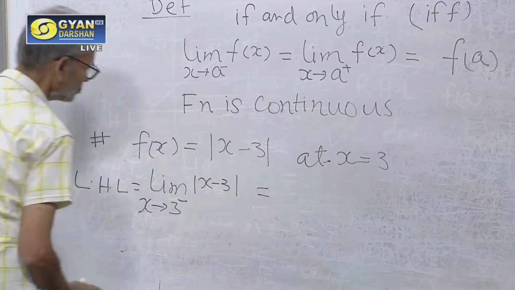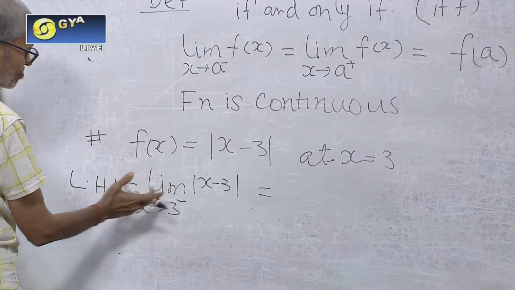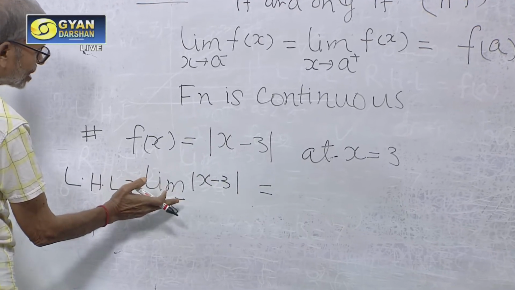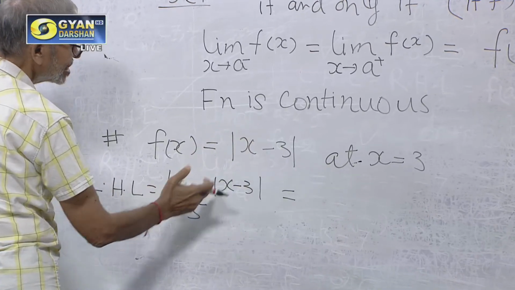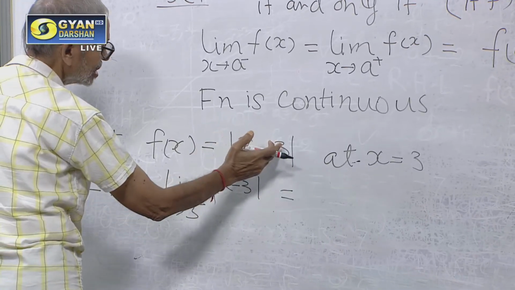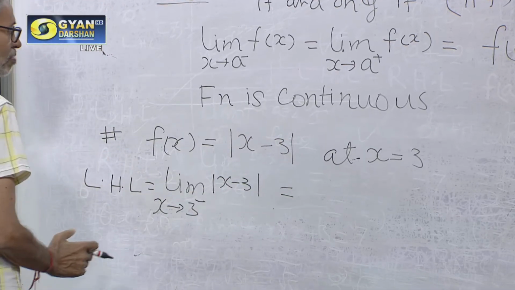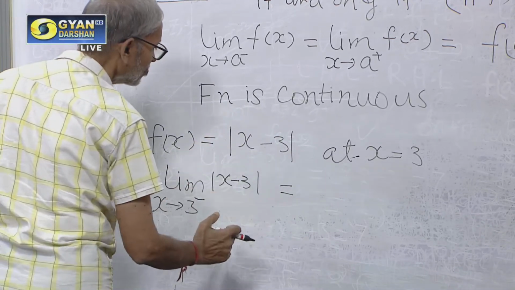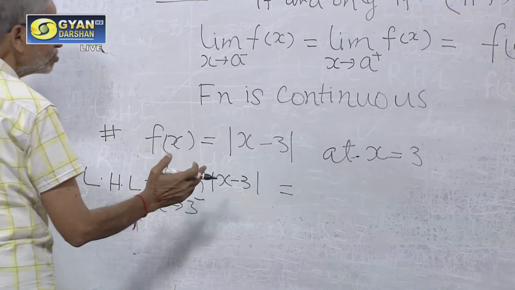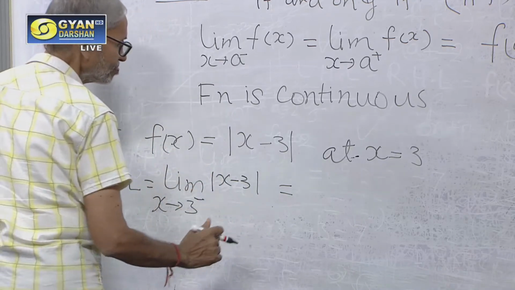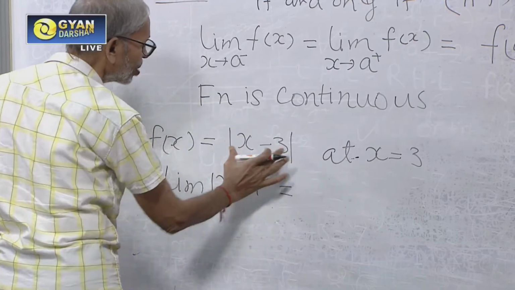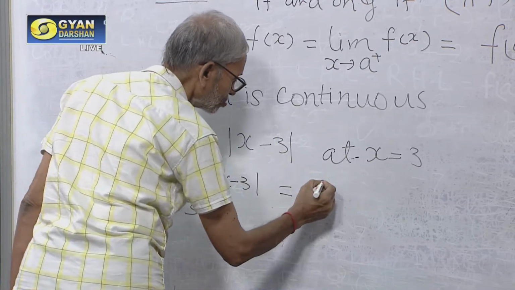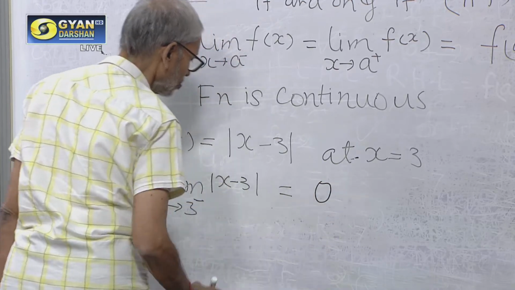Since we are approaching from left side, x will be less than 3. So, 3 minus 3 will be some negative value nearing 0, but because mod is there, it will become positive. So, it will become 0.